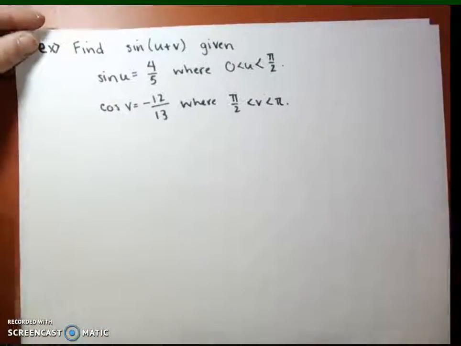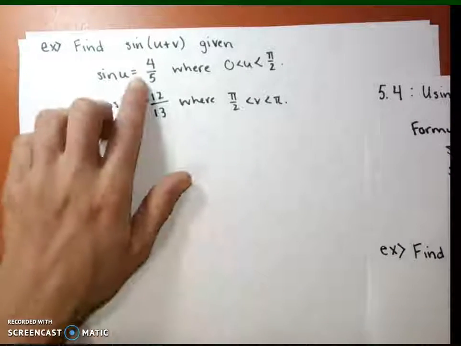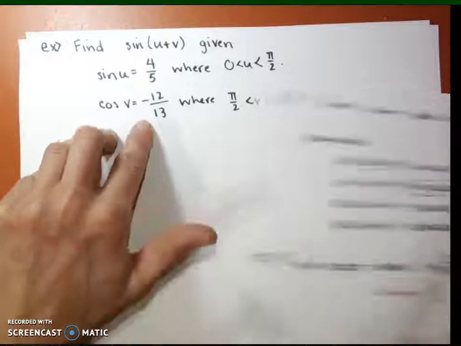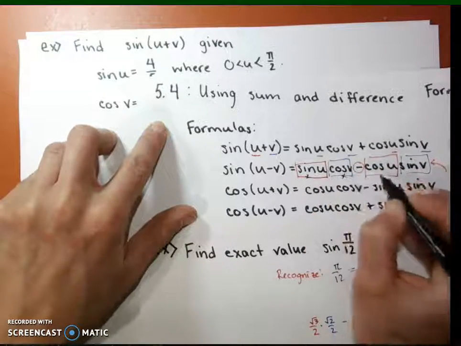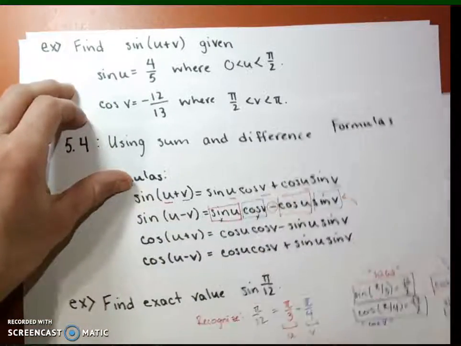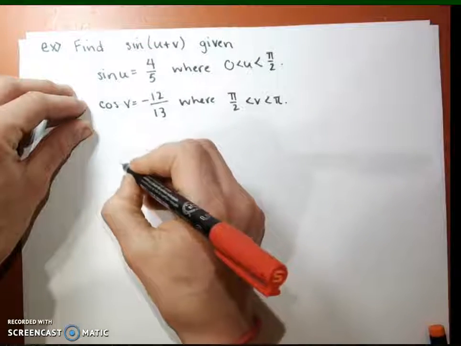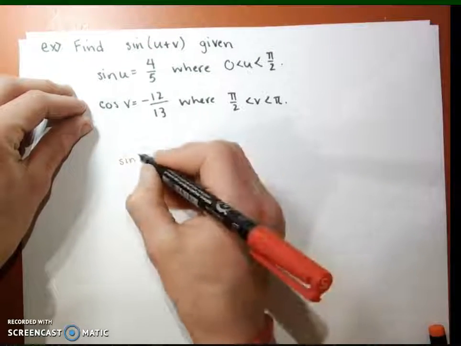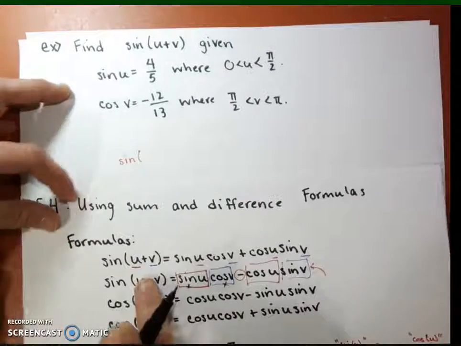So now I want to find the sine of u plus v given sine of u and cosine of v. So I've got sine of u and I've got cosine of v. The information I still need is cosine of u and sine of v. So let's write down the formula. I'm looking for sine of u plus v.